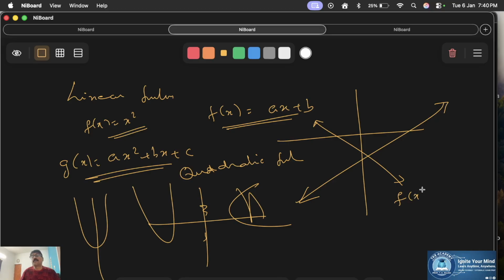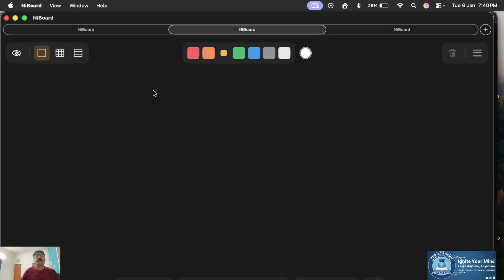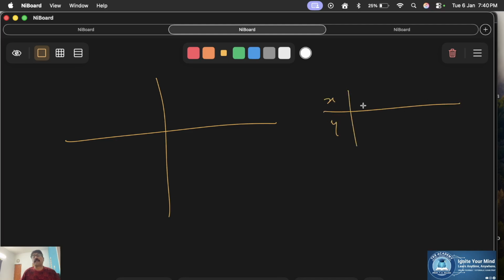Now f(x) = x³. Instead of x², suppose the third degree, x³, comes to only one term. For the graph of this function, you can take some x values and y values, where y is x³, for example -3, -2, -1, 0, 1, 2, 3.